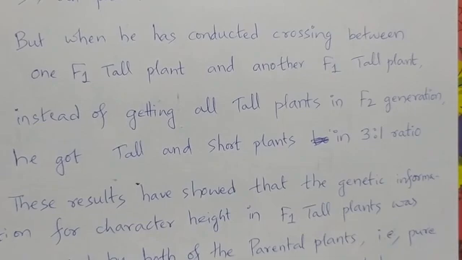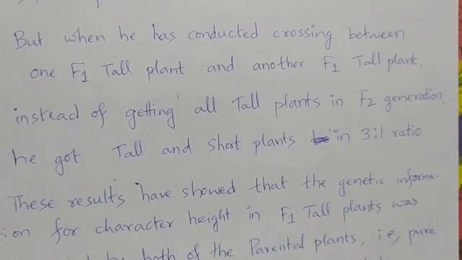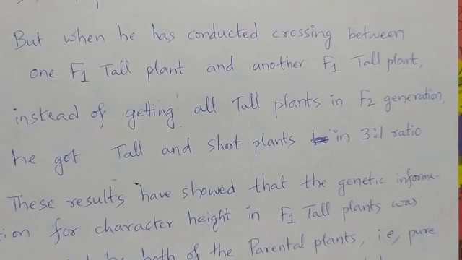So when he conducted crossing between one F1 tall plant and another F1 tall plant, what did he think? When pure tall and pure short were crossed, he got all tall plants in the F1 generation. And when one tall plant and another tall plant are crossed, automatically you should get all tall plants only. But which tall plants did he take? Did he take pure tall plants of the parental generation?